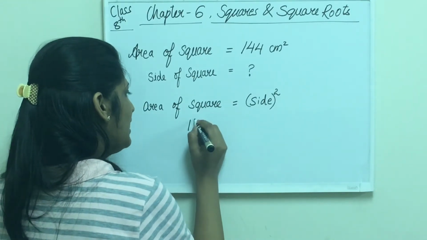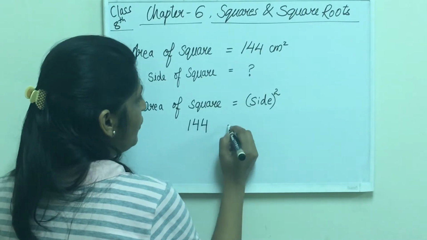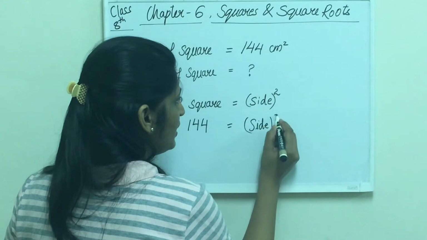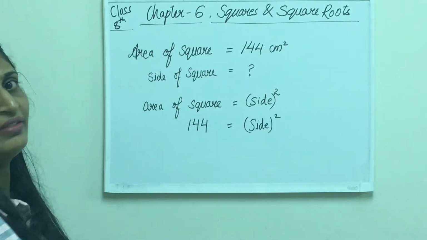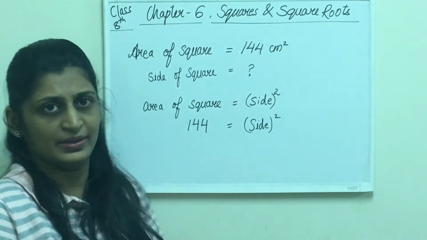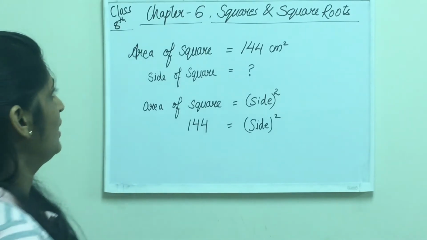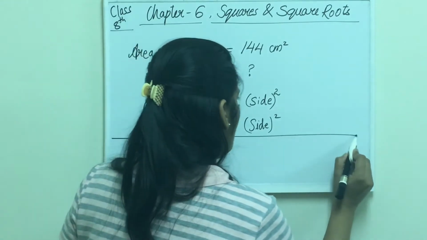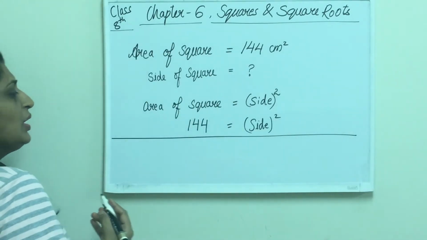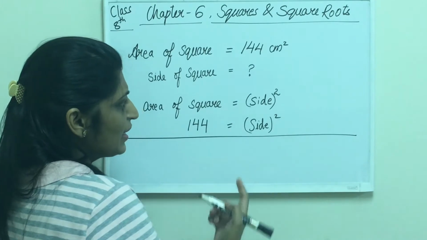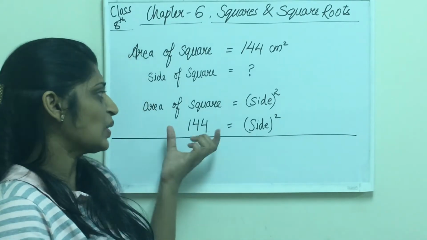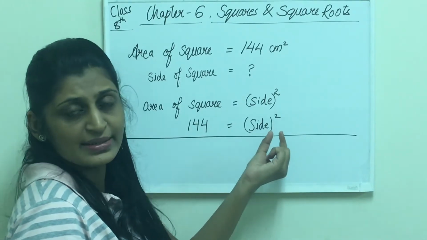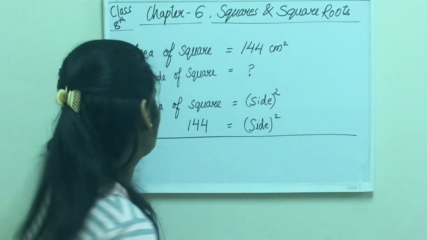This time the area is given to us as 144 and we are left to find the value of the side, right? So in this case, we are given the square of a number, but what the number is, is unknown to us, right?